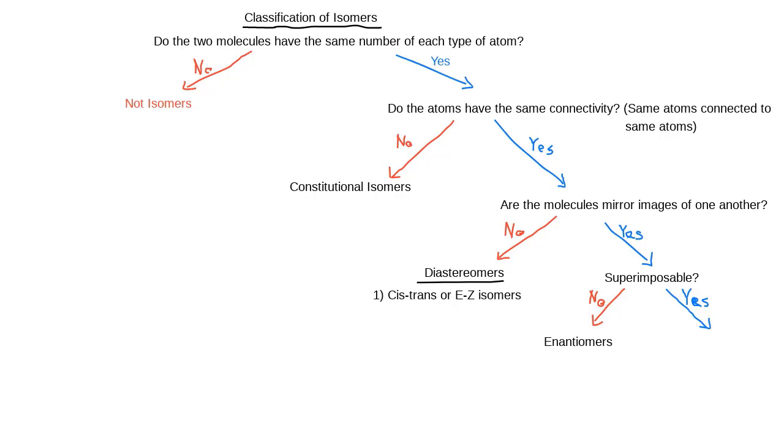But they can also just have two or more chiral centers, but the configurations are not opposite.